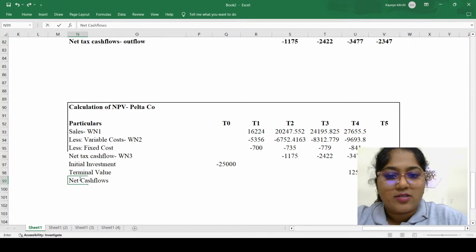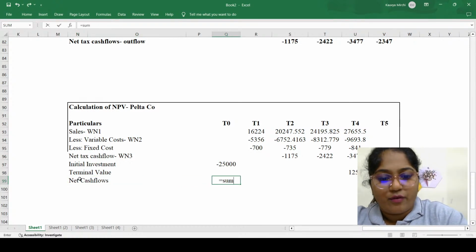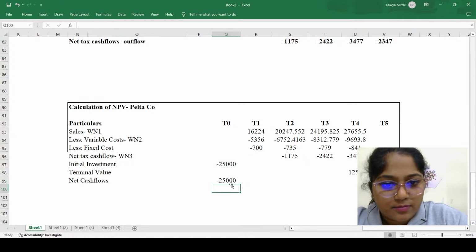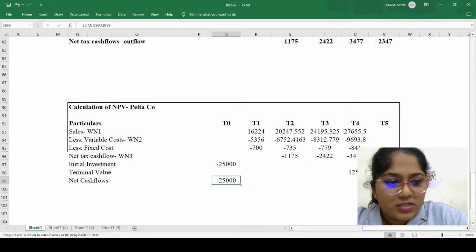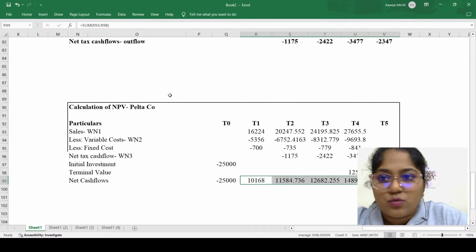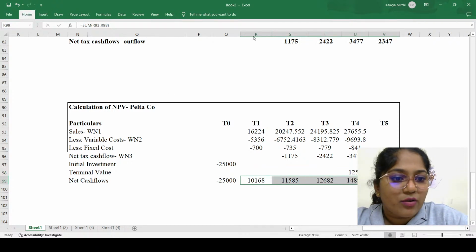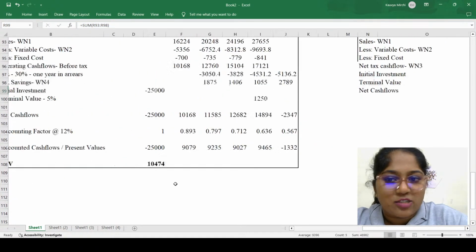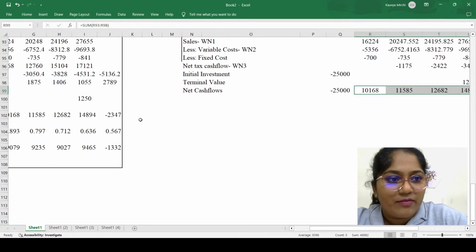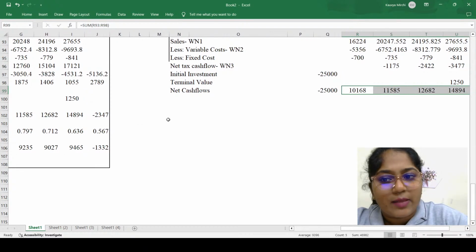However, as I said, it is up to you which one you want to choose. If you find out the net cash flows, you have to take the sum of everything. When you take the sum of everything, I'm 100% sure you'll get the same values we would have calculated here. It is not something different. It was 25 and 1 10 million, 168, 11 5 85, 12 6 8 2, the same thing.